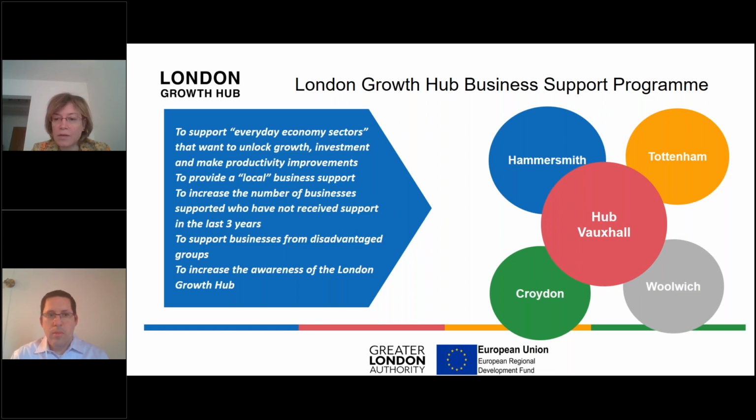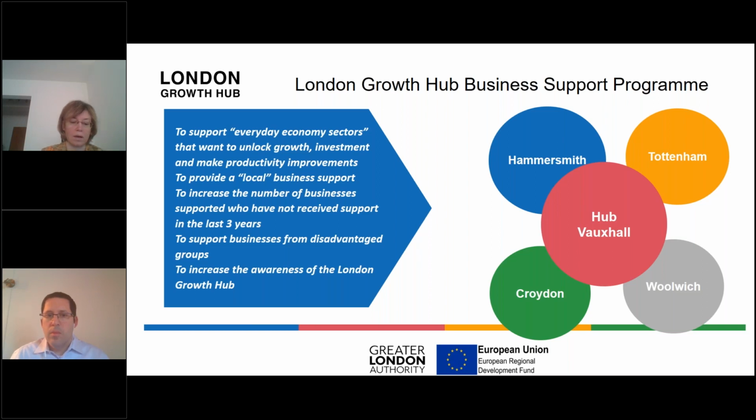And in those hubs, you can meet your dedicated advisor. I will introduce them in the next slide. But where you can meet them and have your one-to-one advice and support for all the help you need for your company.